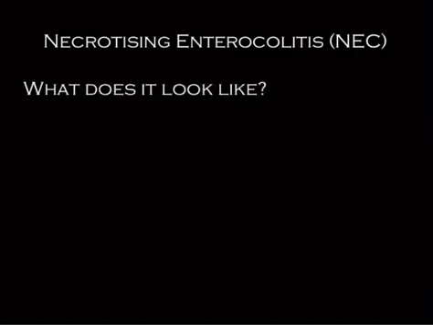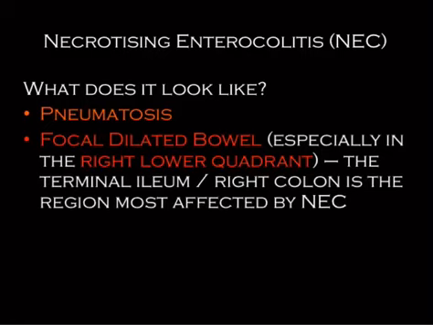Pneumatosis, which was the case that I had shown there, that's the obvious way to show it. The sneakier way to show it is focally dilated bowels, especially when it's in the right lower quadrant. Allegedly, the terminal ileum and right colon is the most commonly affected by NEC, so that's where you would see that, and it would have to be shown as multiple serial exams where you've got that focal dilated bowel that's not moving.